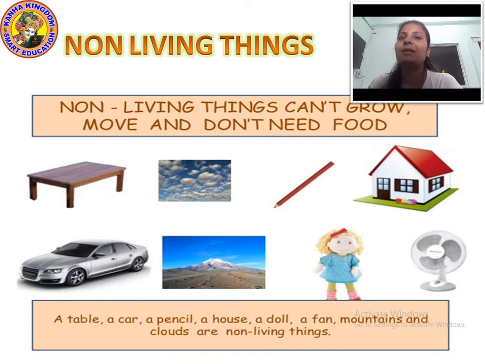A doll cannot eat food. A fan is also a non-living thing. Same as a mountain. Clouds are also non-living things. So the things that cannot grow, cannot move and don't need food, we call non-living things.